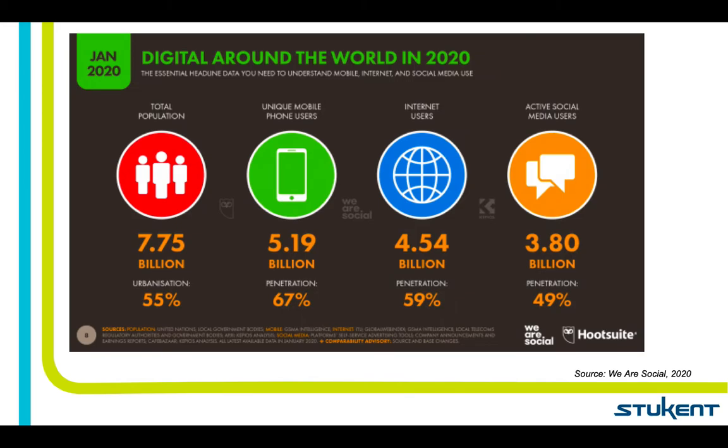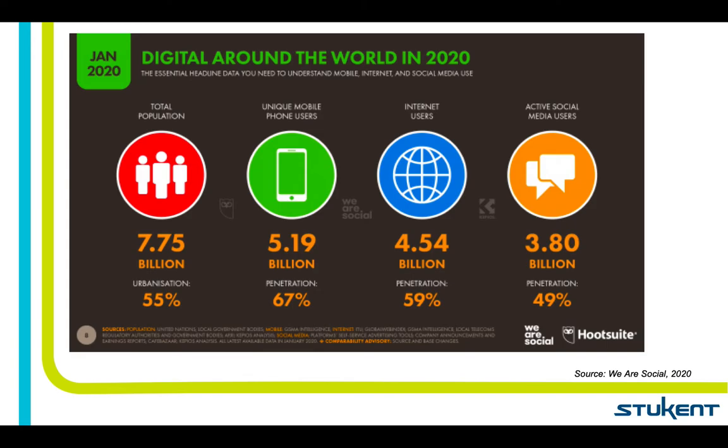So around the world, the main thing we want to focus on here is these numbers. So these are billions with a B. We have almost 8 billion people on the planet. About half of them are in urbanized locations. 5 billion of those people have mobile phones.